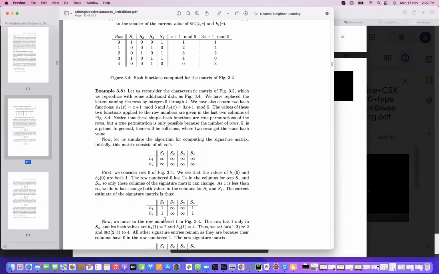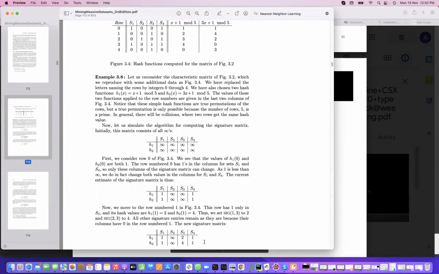The original 0th row has 1 for S1, and we change it with the permuted order. The permuted order of 0 is 1. You have 1 for the S1 and S4 columns. Only those columns will change and be replaced by new values.